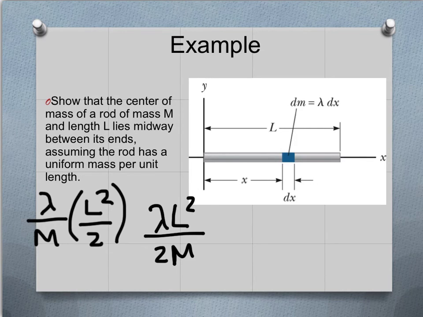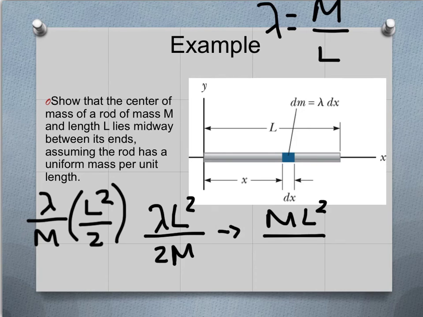Well, I also know that lambda is equal to mass over length. So let's plug that in for lambda, because that will simplify some things for us as well. So I have mass times length squared over 2 times my length, and then also times mass.